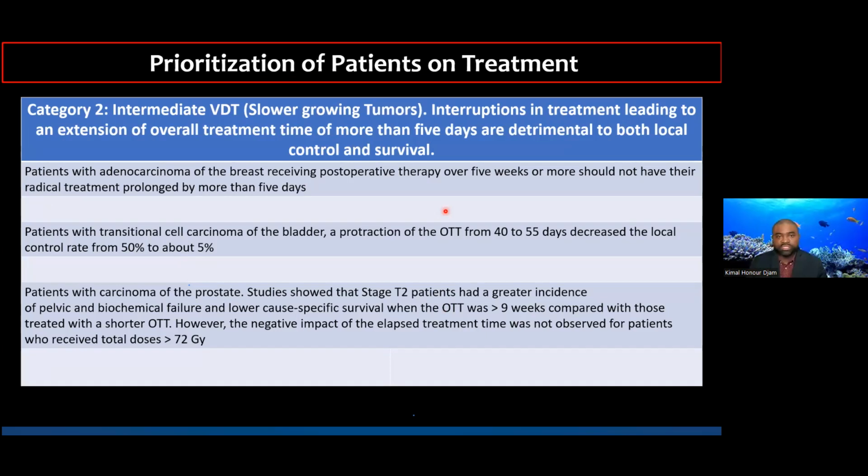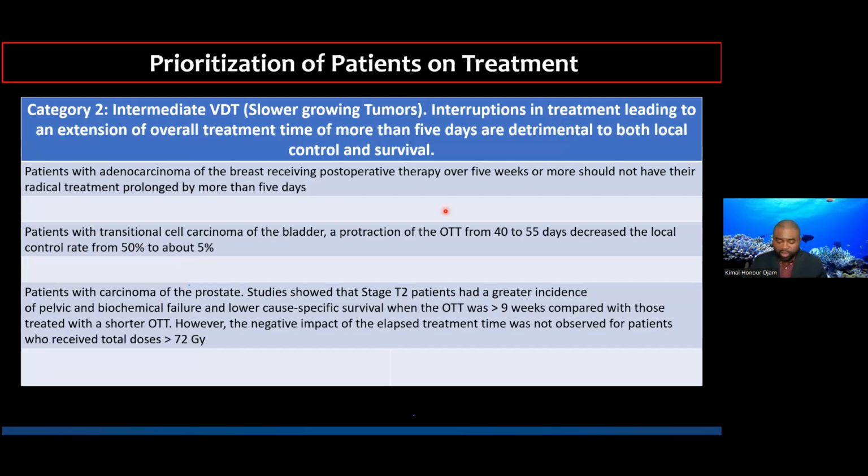study by Bessie and his research group that looked at post-operative radiation therapy for breast cancer patients, they retrospectively analyzed the effect of unplanned interruptions in about 900 patients with stage 1 to stage 3 breast cancer, either with mastectomy or breast conserving surgery.